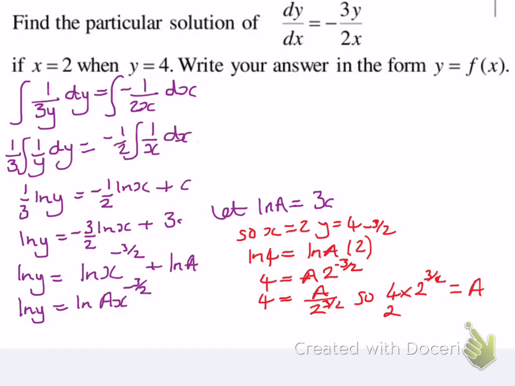Now 4 we can write as 2 squared times 2 to the 3 over 2 equals a, which using our rules for indices means that a is equal to 2 to the 7 over 2. So I'm writing it as a power of 2.